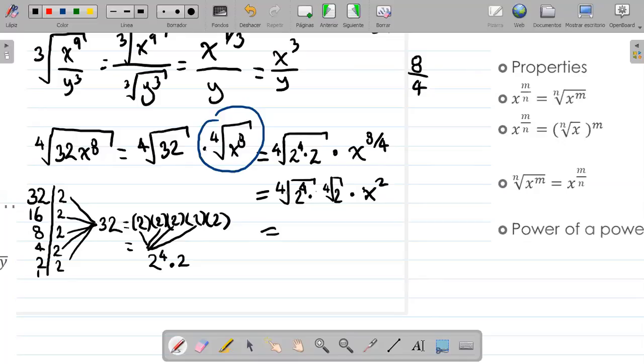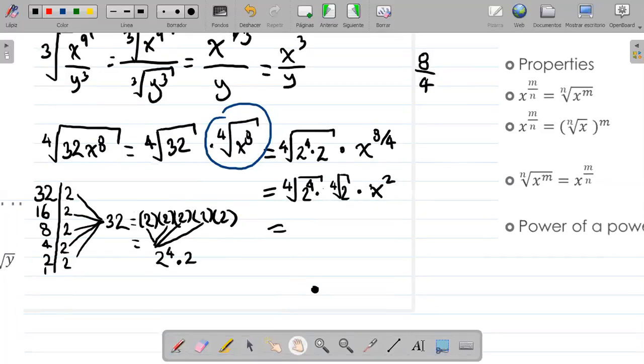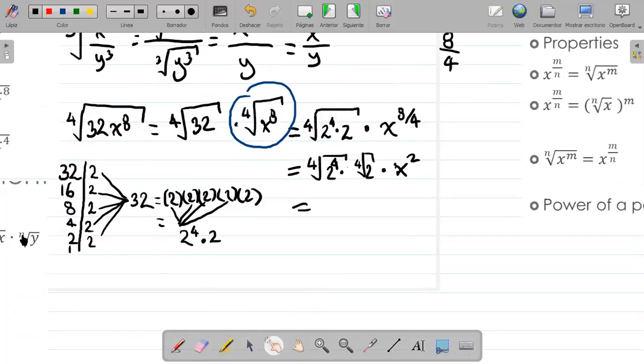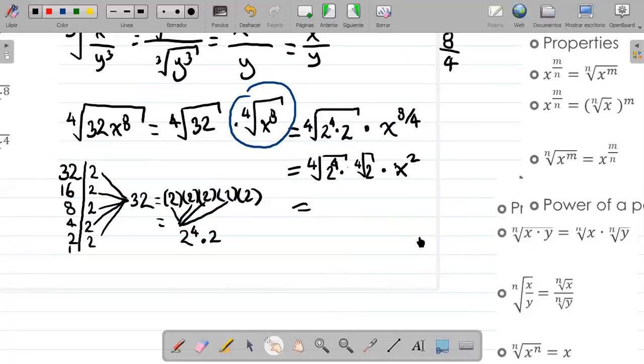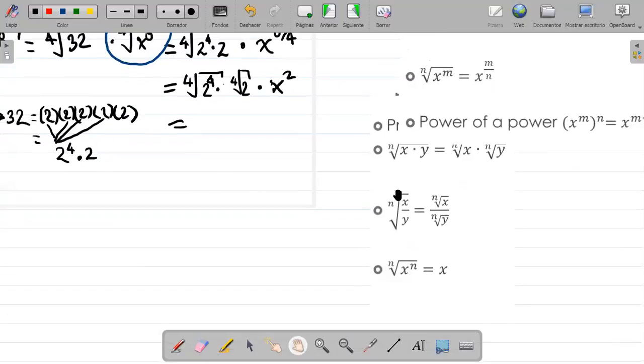So then we have another property that will help us in here. Let me move the other properties we have over here. So what property can help us to simplify one expression right now, of these ones? Specifically, what property can help us to simplify this expression in here?